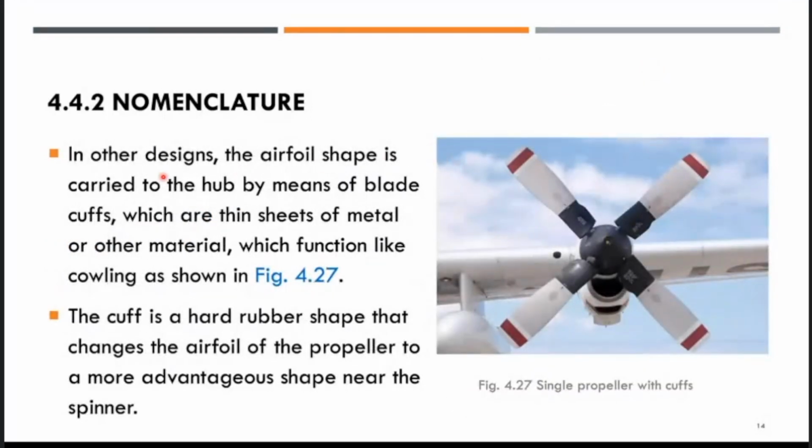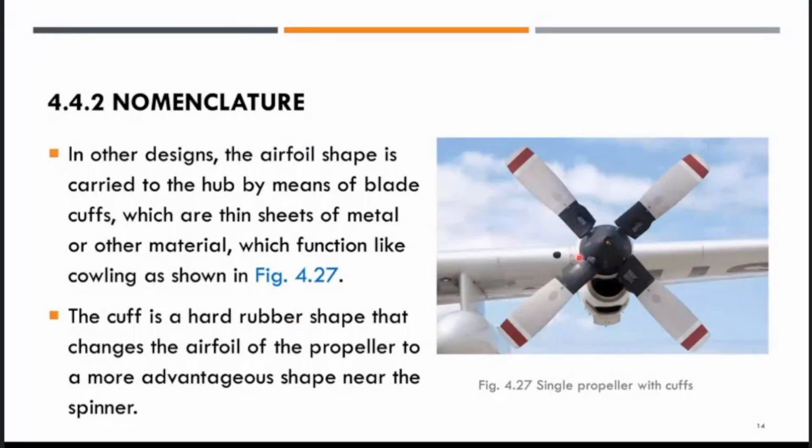Right. In other designs, the airfoil shape is carried to the hub by means of blade cuffs. Blade cuffs are thin sheets of metal or other material which function like cowling, right? So the cuff is hard rubber. So this is the cuff.